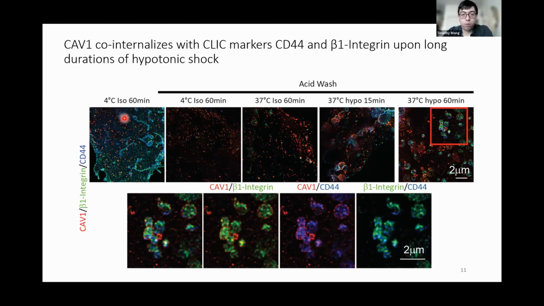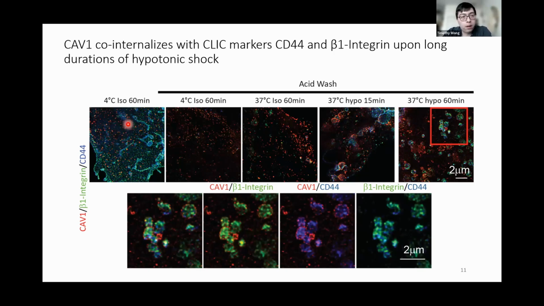Then, before fixing the cells, we would do an acid wash, which would strip away any cell surface labeling. What you're left with is only the antibodies that are internalized. Then we would fix the cells, label also for CAV1, and then label with our secondaries to do this imaging.